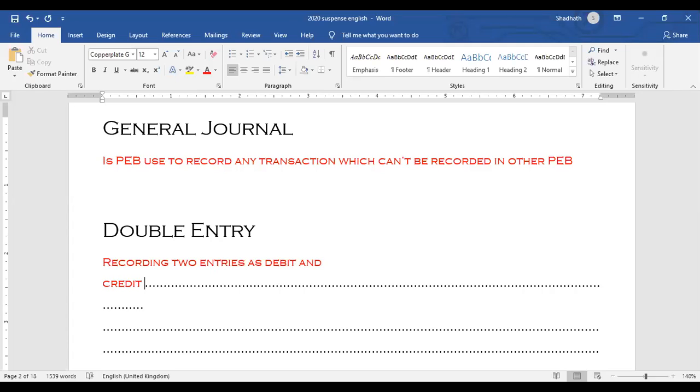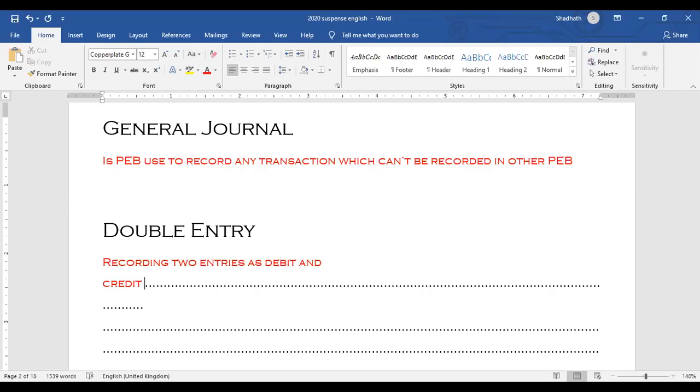First of all, learn the accounts easily. After that, we can go for the definitions. Sometimes when we learn the definitions at once, we can't understand anything. So you learn accounts first. What is double entry? Double entry means recording two entries as debit and credit. That's all.